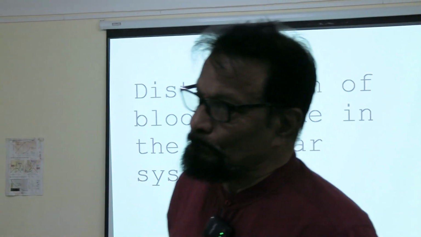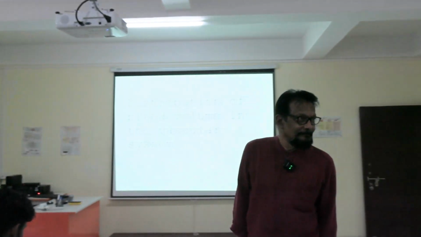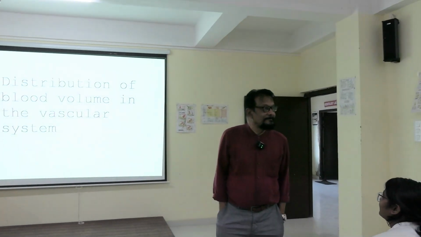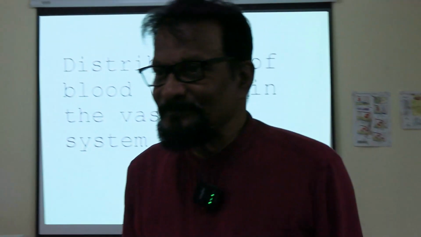You are having blood. How much blood are you having in total? It is 1/10, 1/7 of your body weight. In some books it is like 1/10, 1/9, this way. However, it is near about 5 liters.